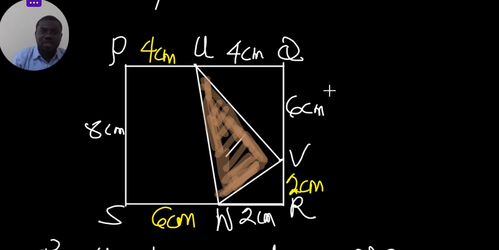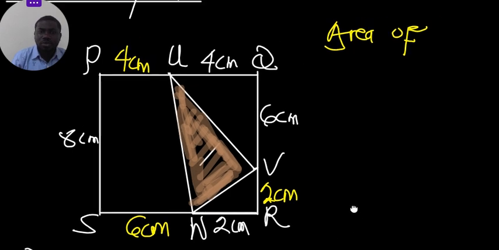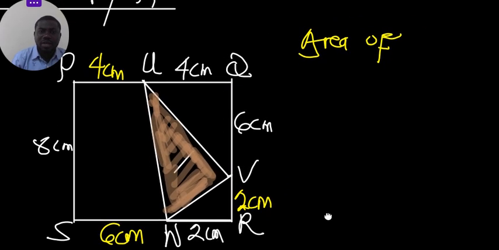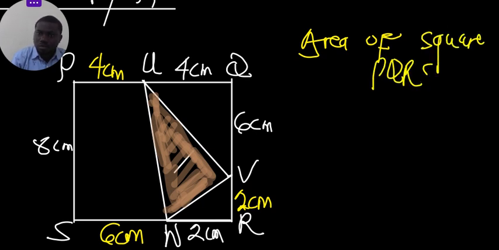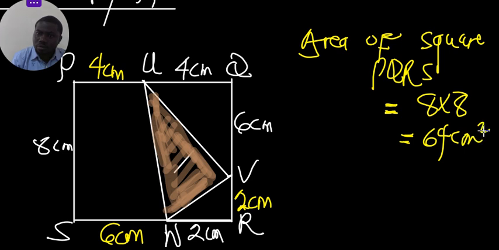Now let's find the area of the entire shape. That's the square PQRS. The square is of side 8 by 8, so that's 8 times 8. That's 64 cm squared. Now let us find the area of this part. This is a right angle triangle.